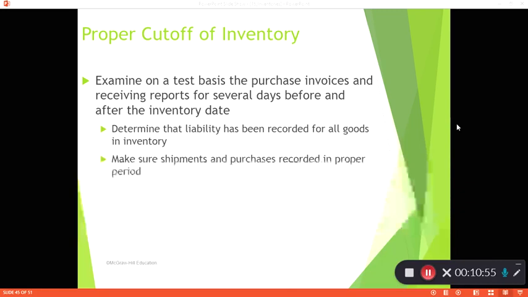If it's FOB shipping point, then whenever the vendor shipped it is the date that we should record the inventory in our books, because that's the date that the risks essentially transferred to us, right? And so we would examine these documents before and after to make sure that the inventories were recorded in the proper period.